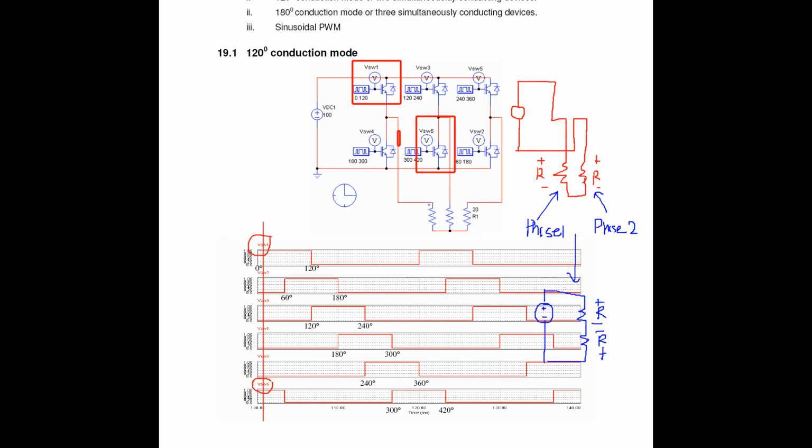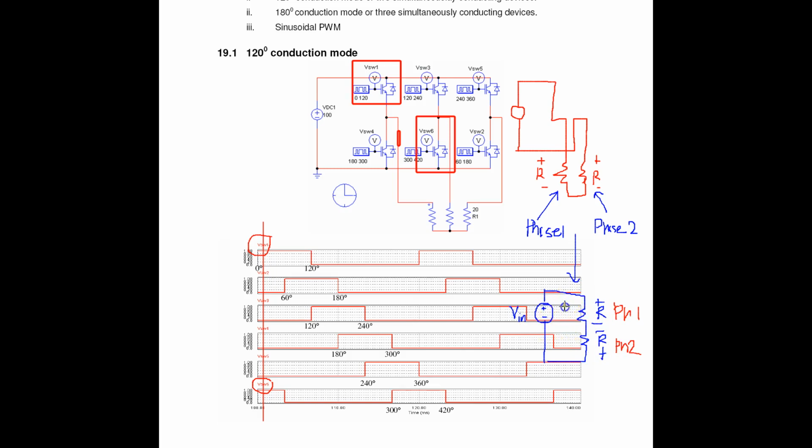So this is phase 1, this is phase 2, right? So the input is always, I just put it as a V in here, this is your VE, and therefore the voltage across both R's here will of course be equally divided.